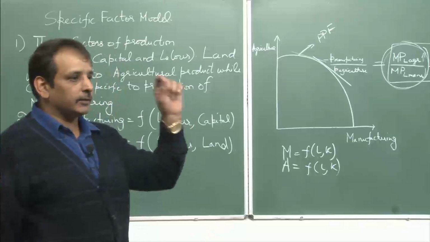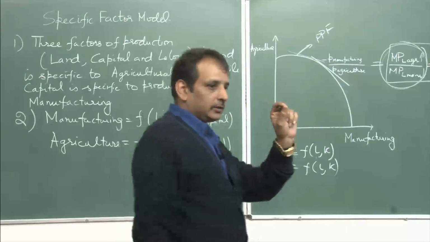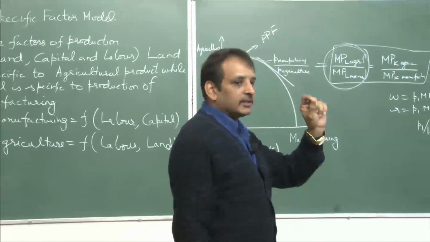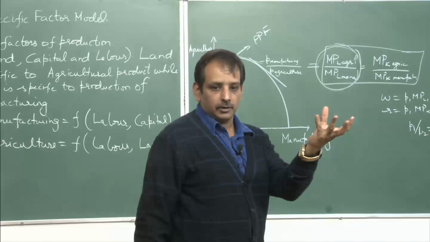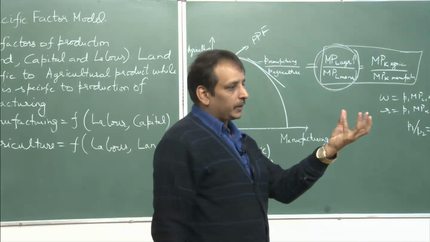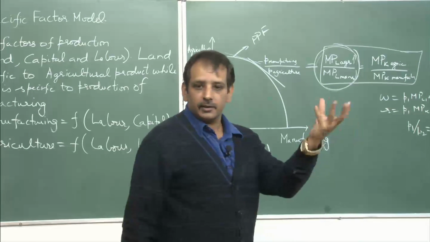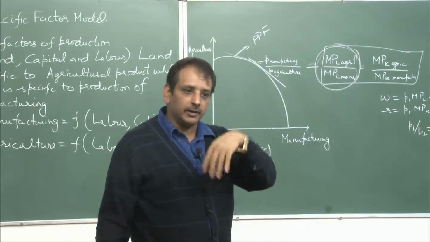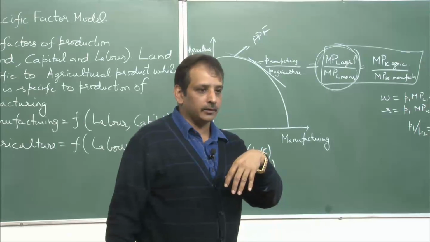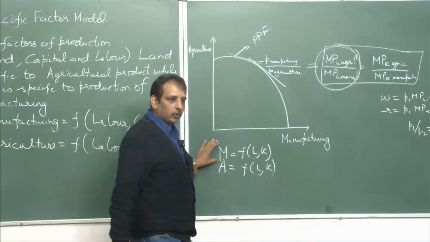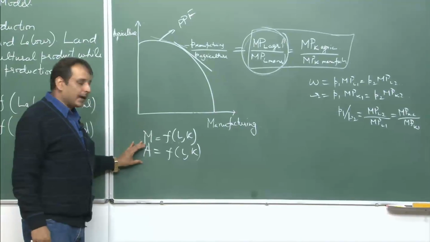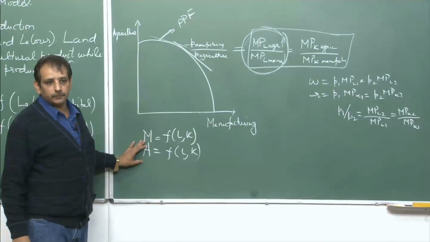So, the factor which is specific to the agricultural sector, okay, that is land, is the export sector. So, there the land is the export sector, the other is the importing sector. We are considering manufacturing as the export sector and agriculture as the importing sector.